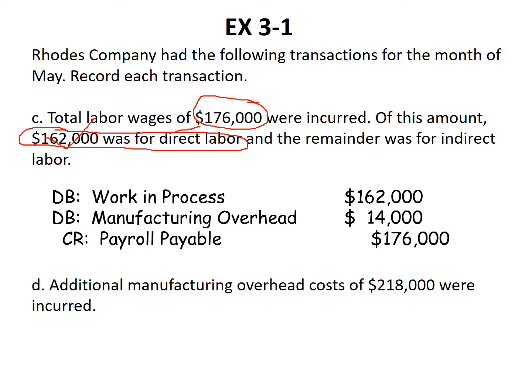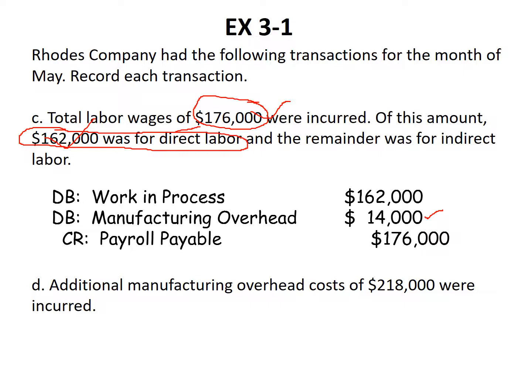So the difference is $14,000, and that's debited to manufacturing overhead. The last area is payroll payable, which represents our total payable, in other words, our total labor wages of $176,000.